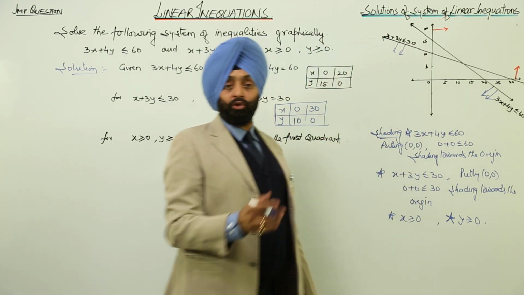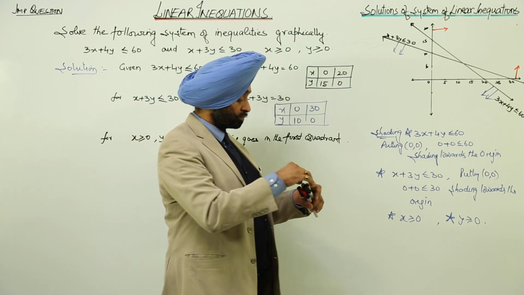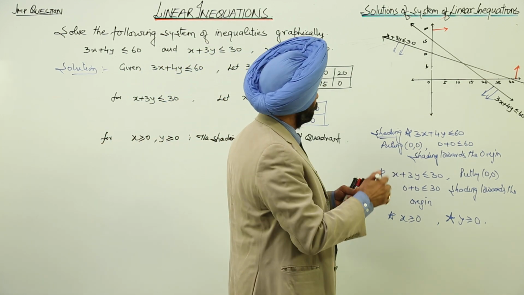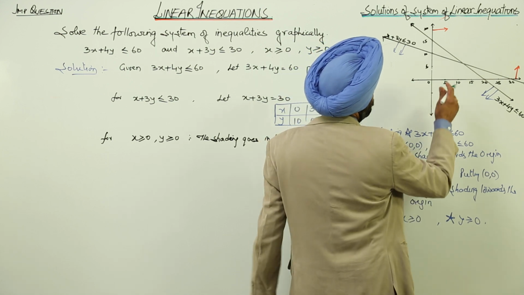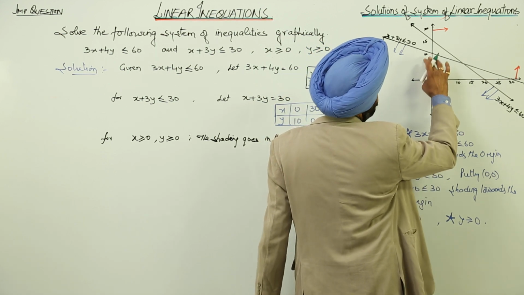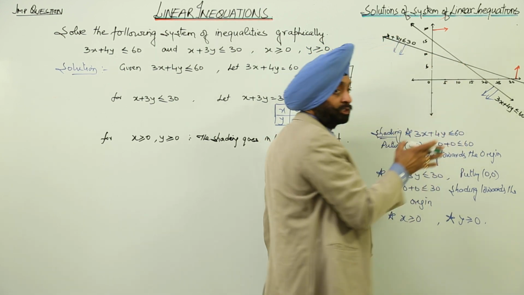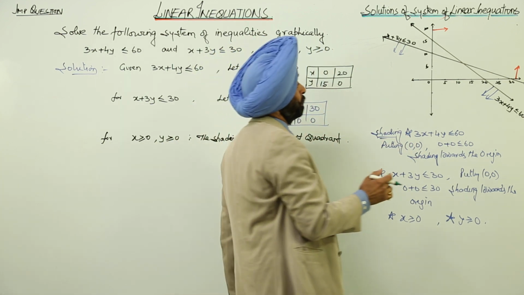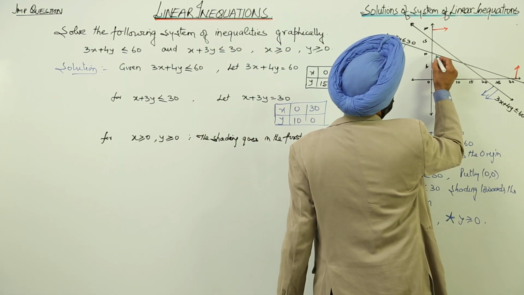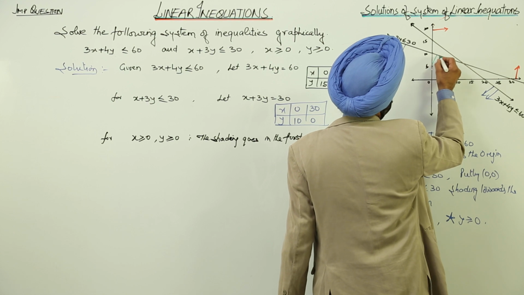Now which part we should shade? First thing is that y-axis and x-axis we should be in the first quadrant. Now shading for this line, it is towards this side.